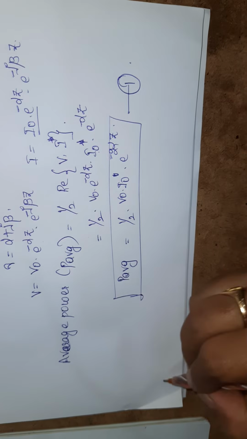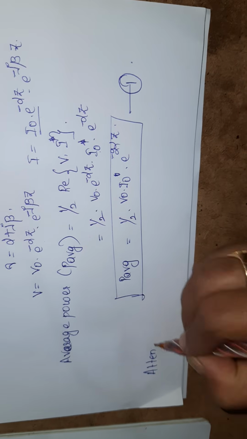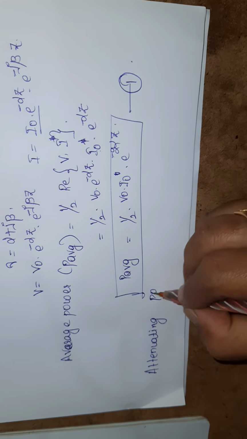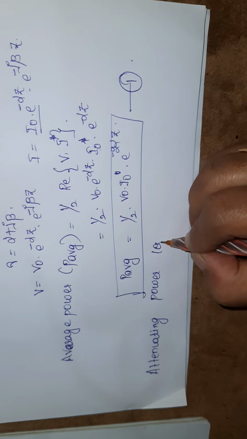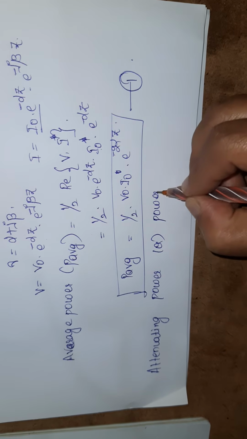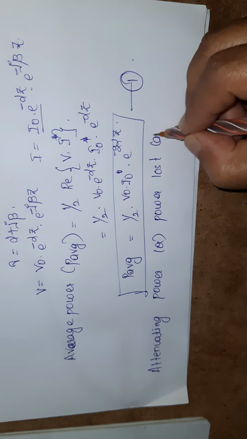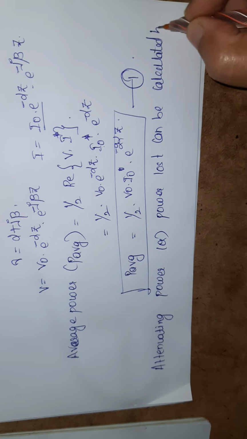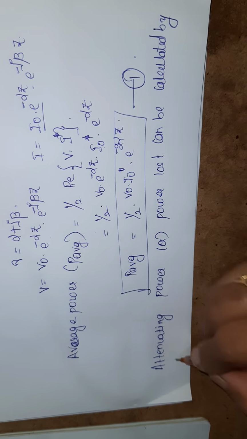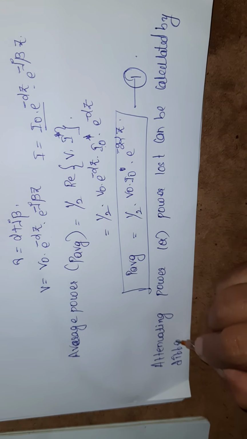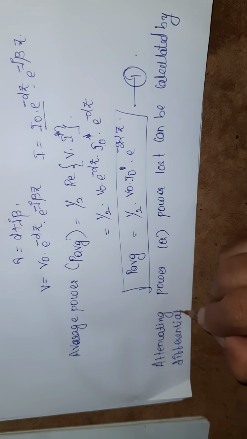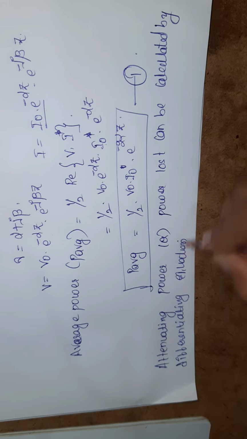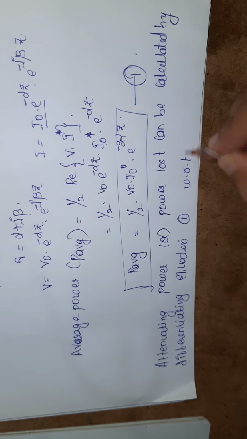So the attenuation, or attenuating power, or power lost, can be calculated by differentiating equation 1 with respect to z.